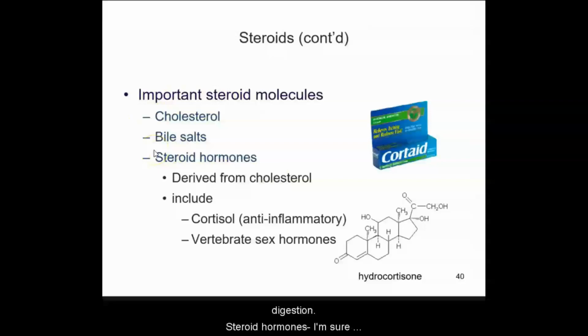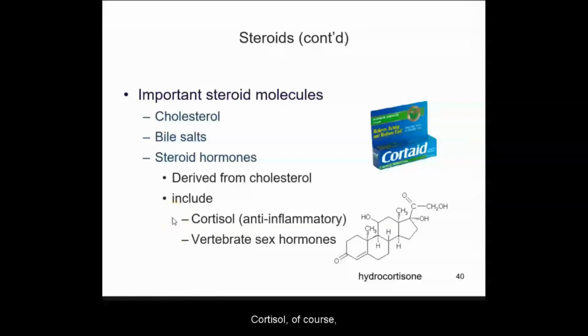Steroid hormones, I'm sure you've heard of the sex hormones, estrogen and testosterone. All of these have a 6-membered ring and a 5-membered ring fused together, and various functional groups attached. A lot of our hormones are derived from cholesterol, which again is a type of steroid, and steroid hormones include things like cortisol, which is an important anti-inflammatory, and vertebrate sex hormones, like I said, testosterone and estrogen.